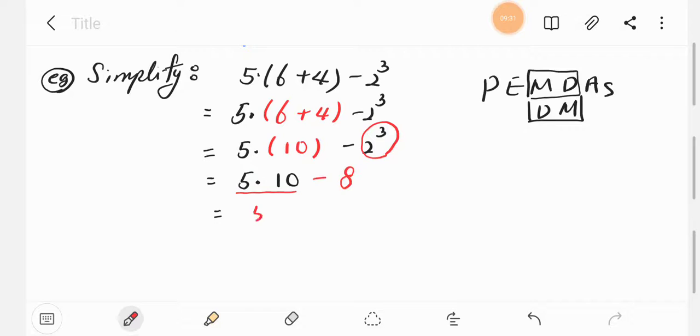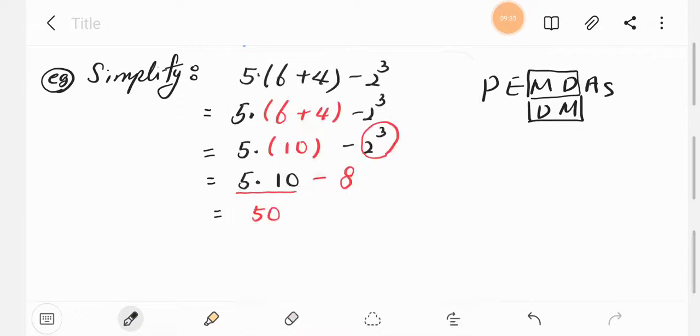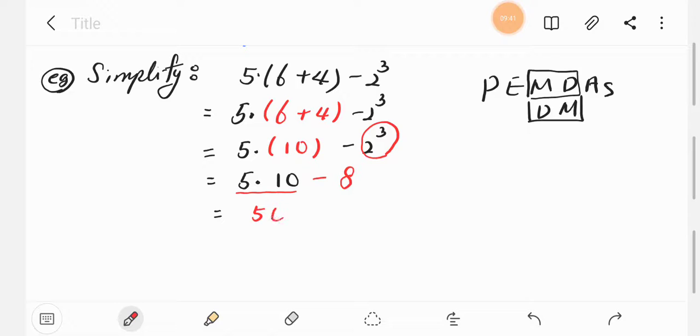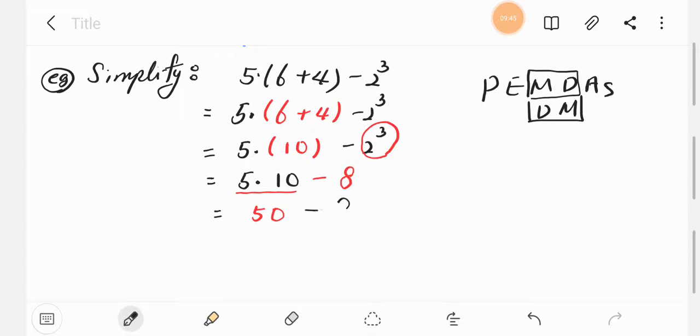So there will be 50 minus 8. Alright, then finally, subtraction. So 50 minus 8 is 42.